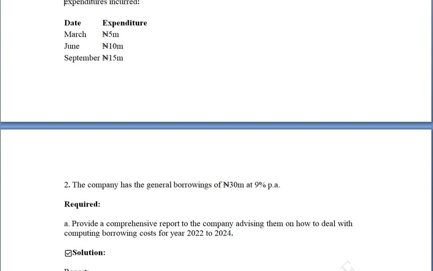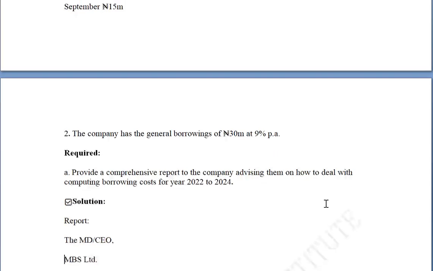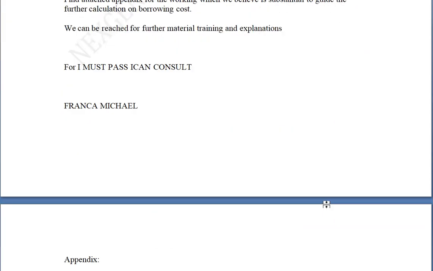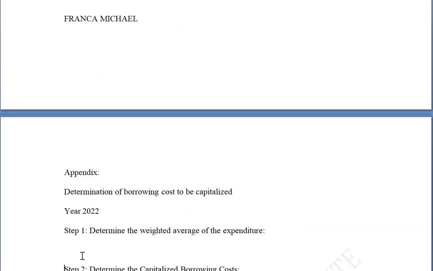So that I won't be going back and forth, I'm going to just copy this particular one and take it down to that place. We're told that the expenditures were made as follows. In March. So now I can easily use this one.